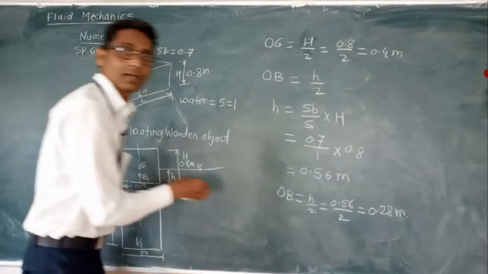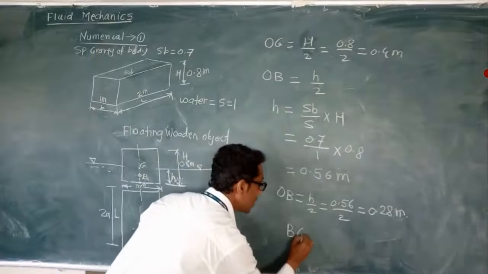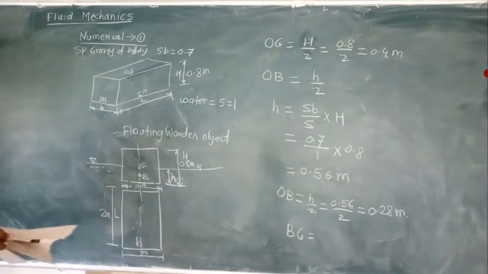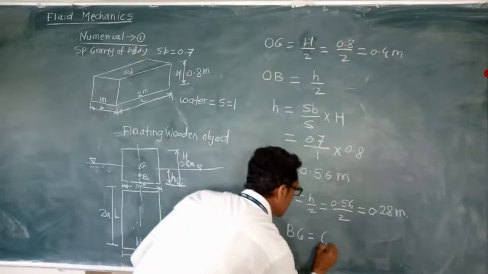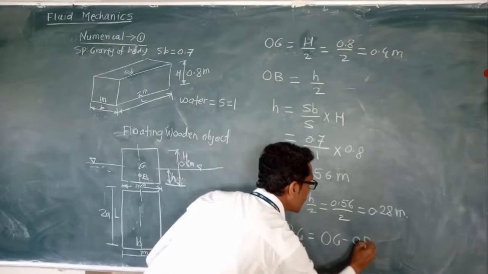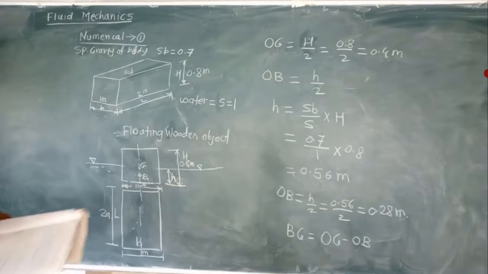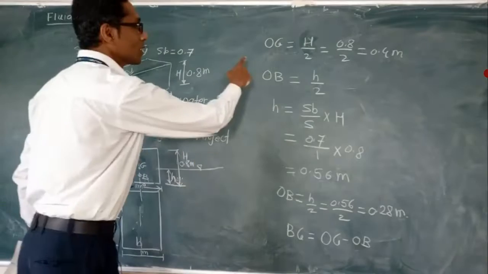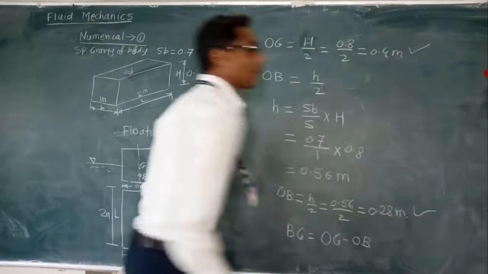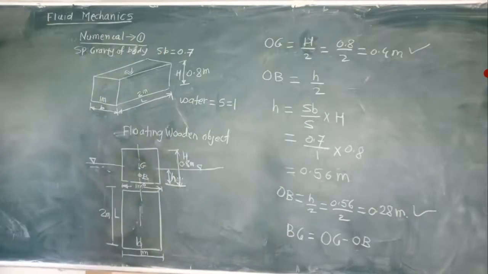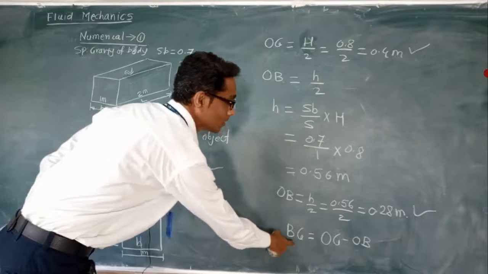From the diagram, BG we can write as OG minus OB. That is why we first calculated distance OG and distance OB. These two distances we need here to find BG.